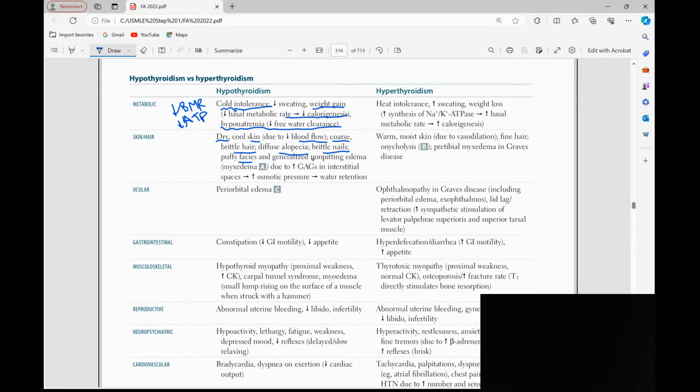Generalized non-pitting edema, myxedema. There are two types of edema that you need to remember. We often get confused between myxedema and pretibial myxedema.